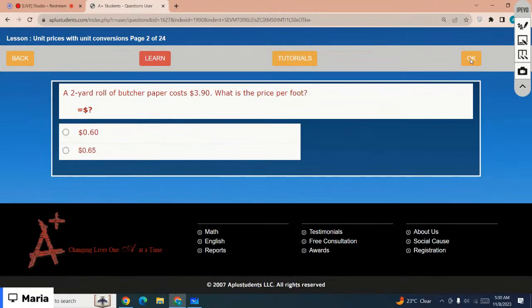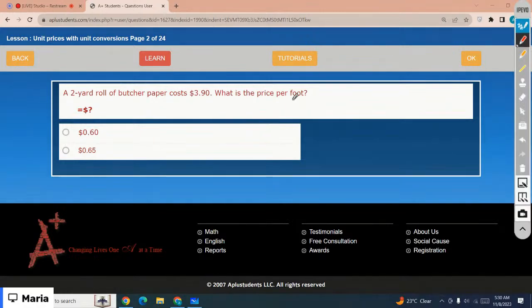Okay, 1 yard equals how many feet? One yard equals 3 feet, right?